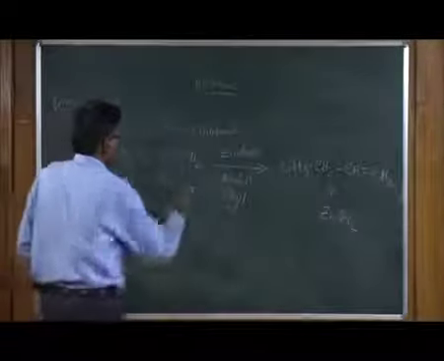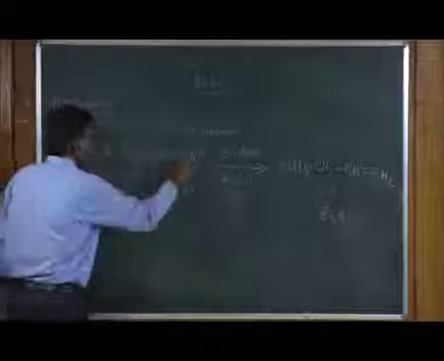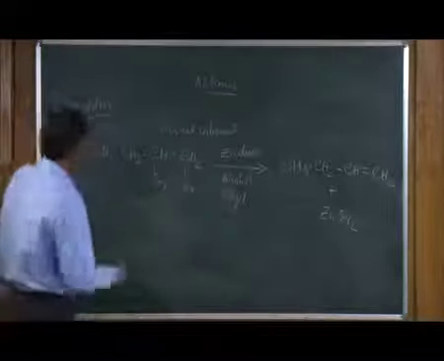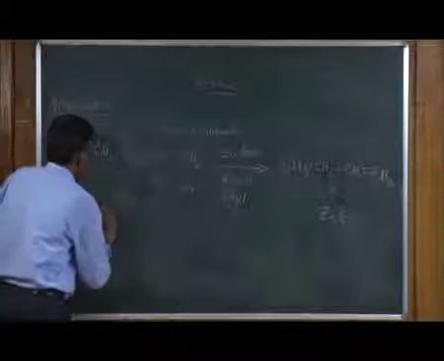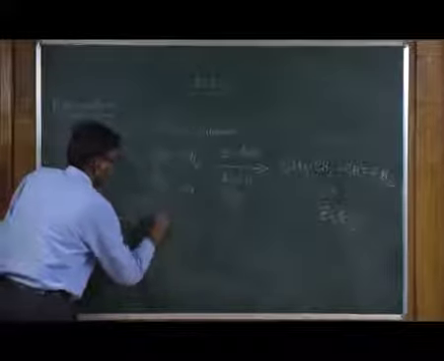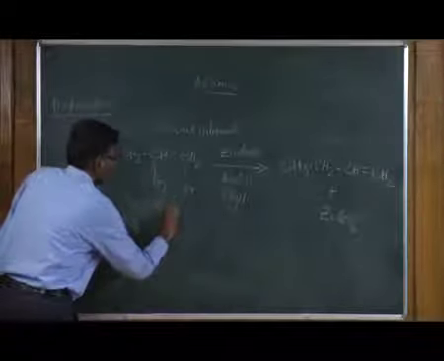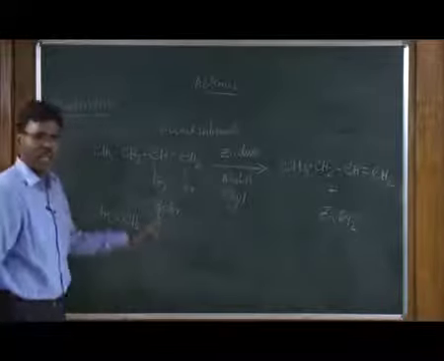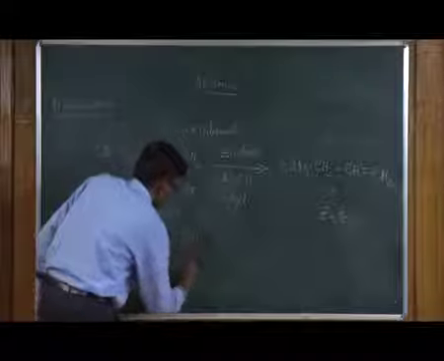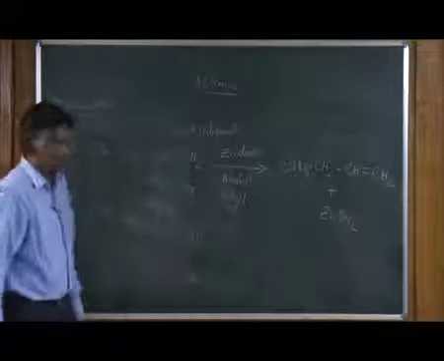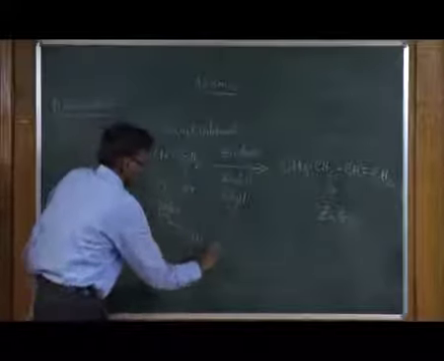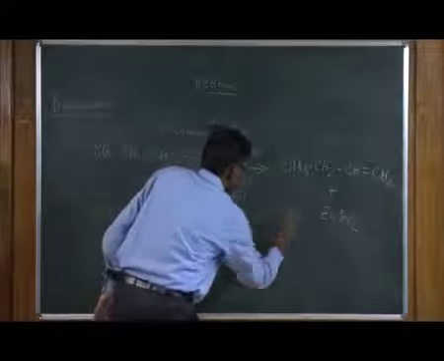How does the reaction take place? The zinc undergoes insertion between the carbon halogen bond. Insertion takes place, zinc is converted to zinc 2+, and you have this intermediate. Once you have this one, it can undergo elimination to give the alkene.